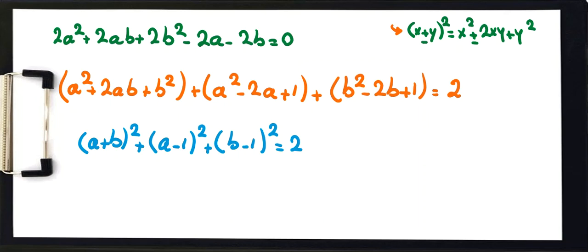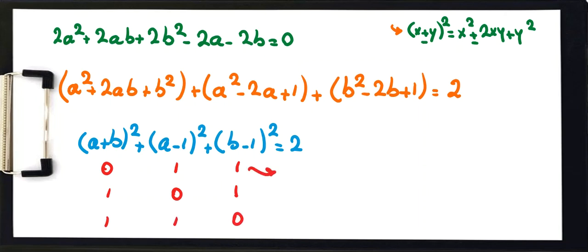Because they are perfect squares, the only possible case is 1, 1, 0. And if you want to check, you have three cases to check. Which of them is 0? It is 0, 1, 1. It is 1, 0, 1. I'm sorry, it is 1, 0, 1, and 1, 1, 0.